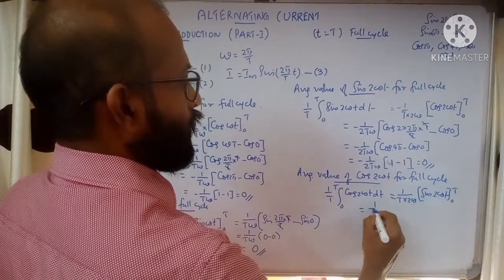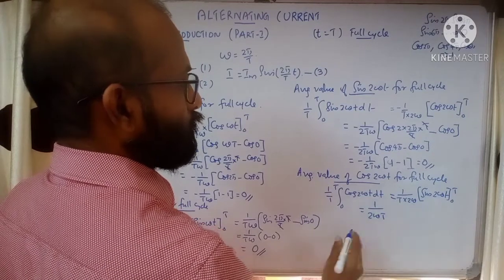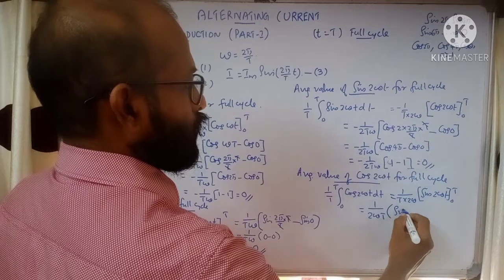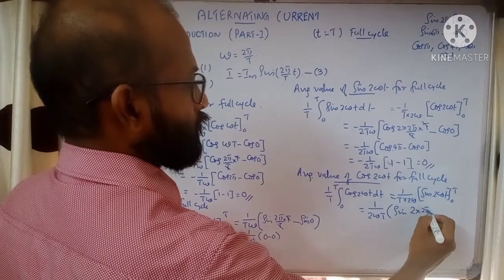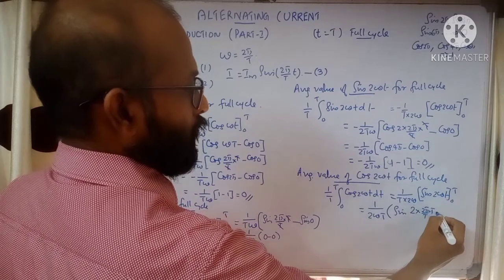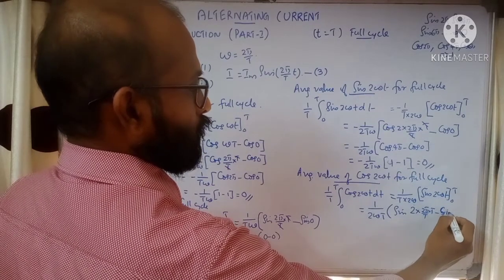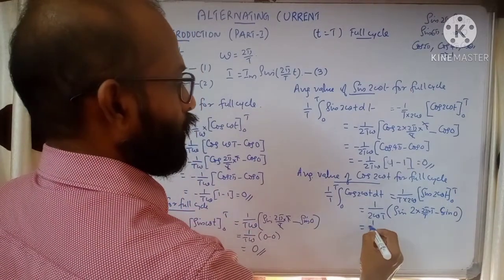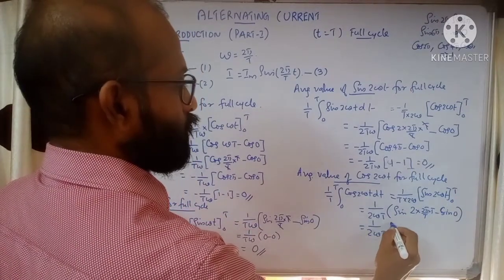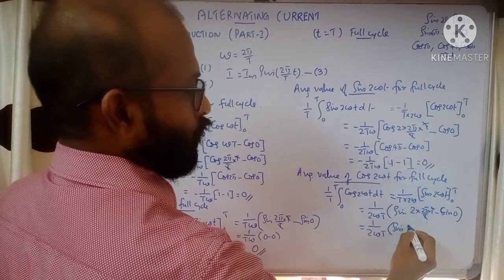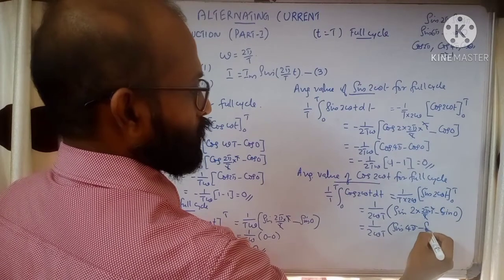It is equal to 1 by 2 omega T, then sine 2 into omega, which is 2 pi by T, into capital T, the upper limit, minus sine 0, the lower limit. When you give the values, T cancels and you will get sine 4 pi minus sine 0.